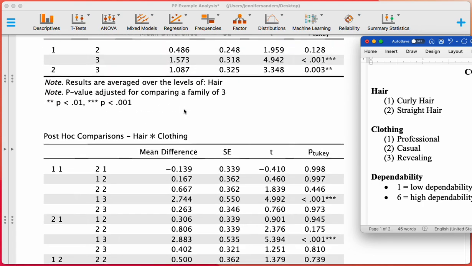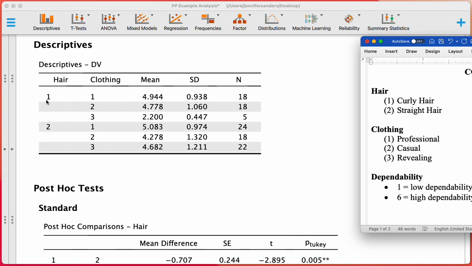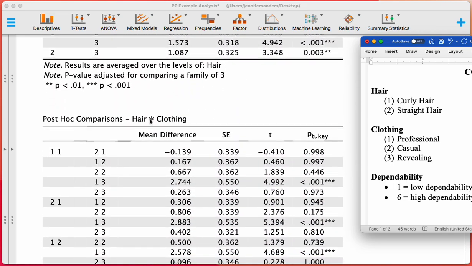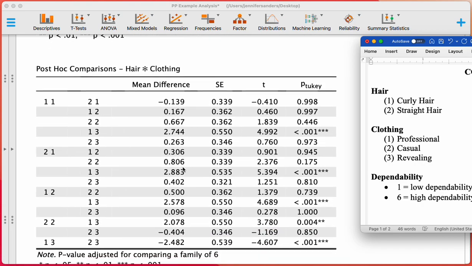We can see that in the descriptives. So curly hair with professional clothes has 4.94 minus curly hair with revealing clothes is 2.2. So if you subtracted 2.2 from 4.94, you would get 2.74. So that difference is significant.